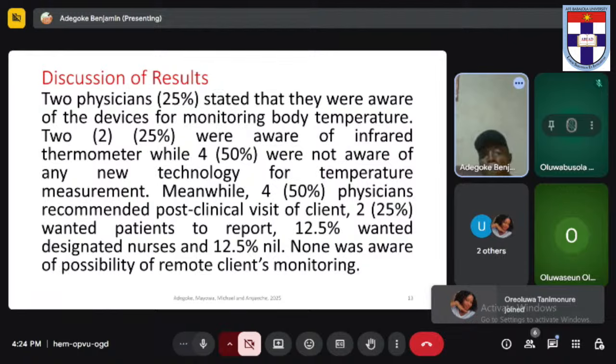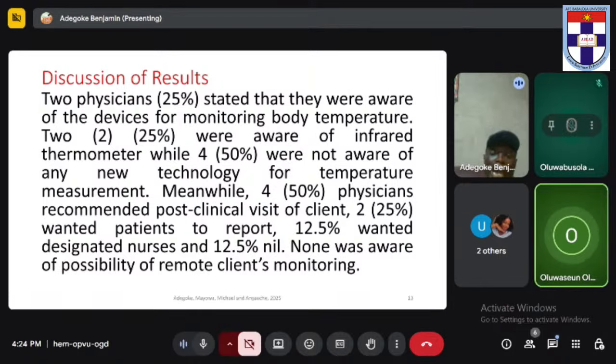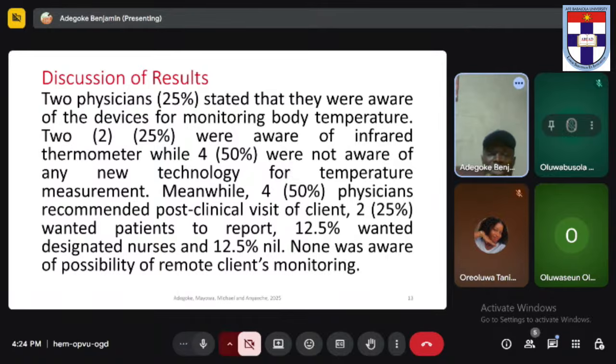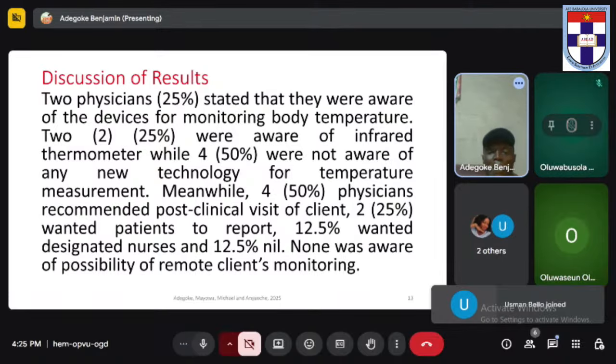Meanwhile, 50% of the clinicians recommended post-clinical visit of client. 25% wanted patient to report. 12.5% wanted designated nurses, while 12.5% were neutral about any remote client monitoring.